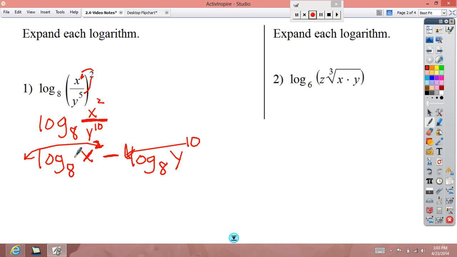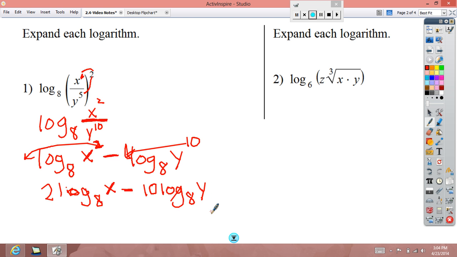Okay, and so the 2 comes down here, becomes a coefficient, so I have 2 times log base 8 of x minus, this 10 comes down in front, 10 log base 8 of y.